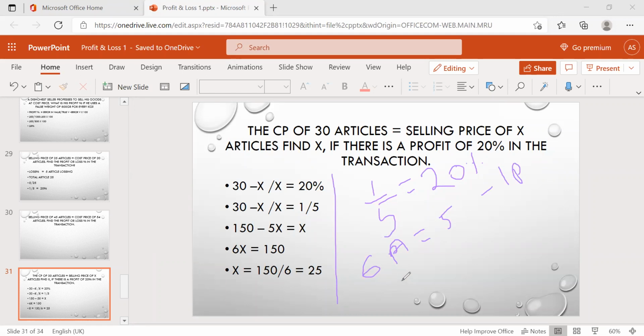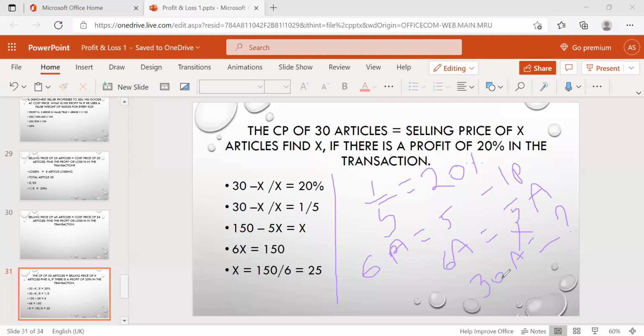Now, based on this, 6 articles equal to 5 articles cost price. Okay, and 30 articles. What? Just do the cross multiplication. 5 into 30 divided by 6.